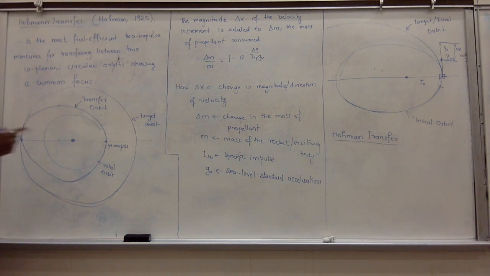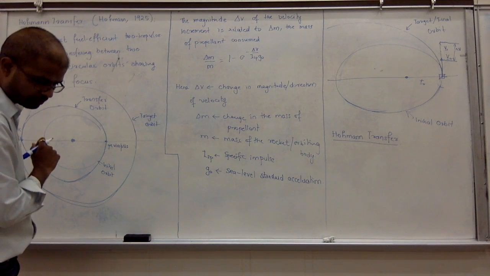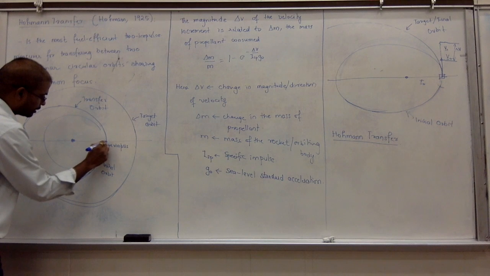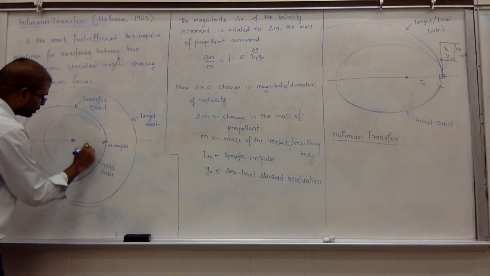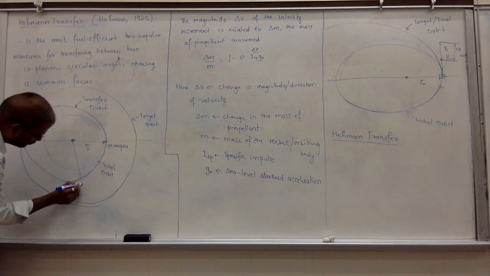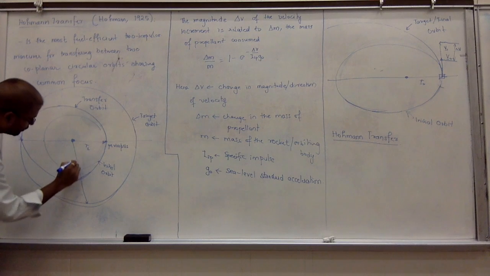So when I'm talking about periapsis and apoapsis, which orbit am I talking about? Transfer orbit. Right. Okay. Now, let's say this distance is R1 and this distance is R2.